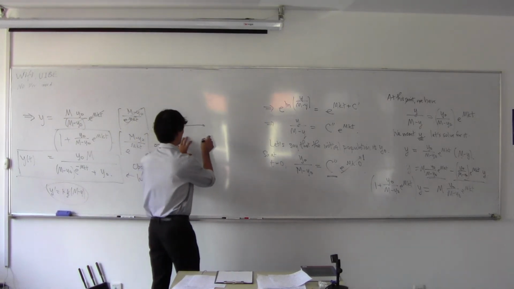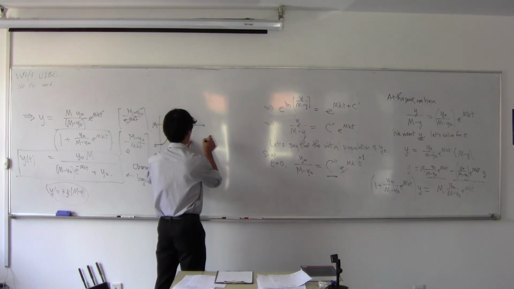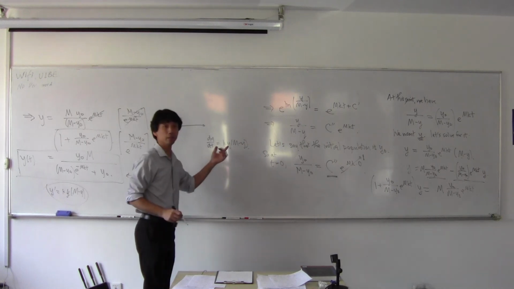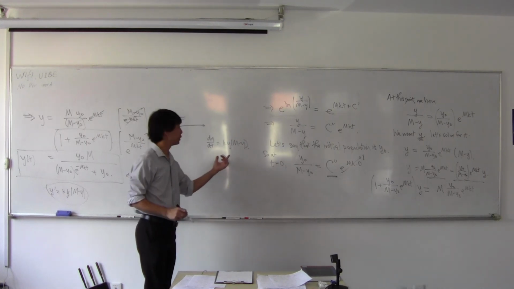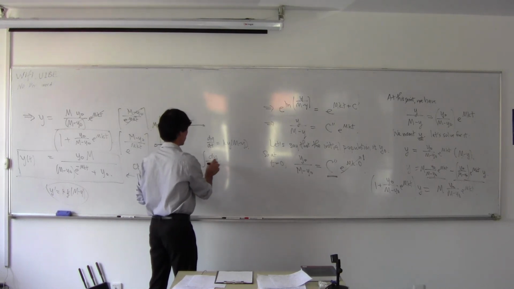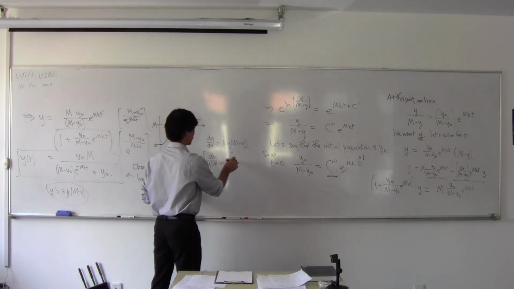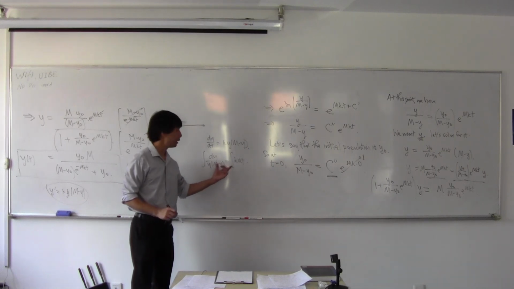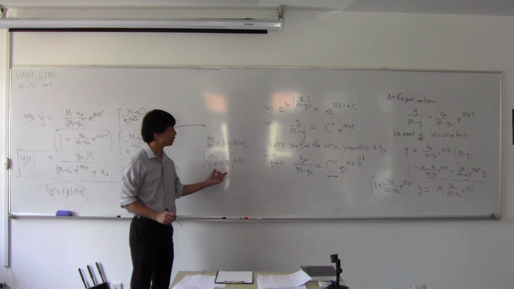You start off with dy/dt is ky(M minus y), right? You do the separation of variables, and then from here you use integration by parts. This is easy to integrate.